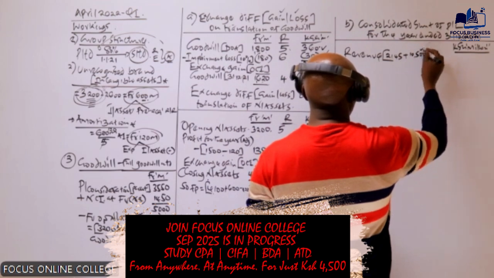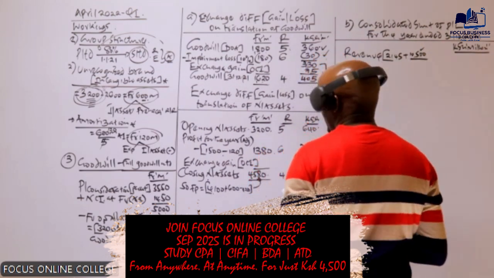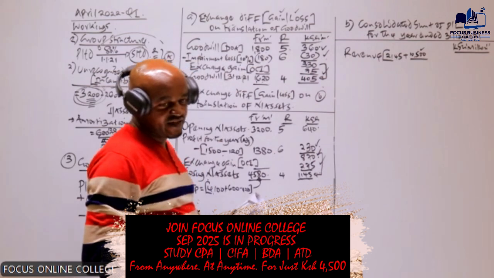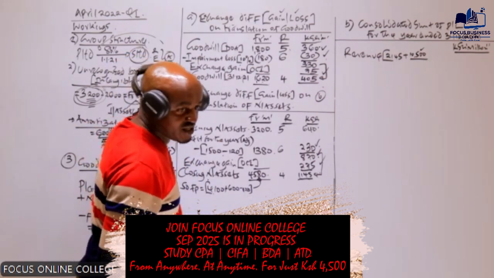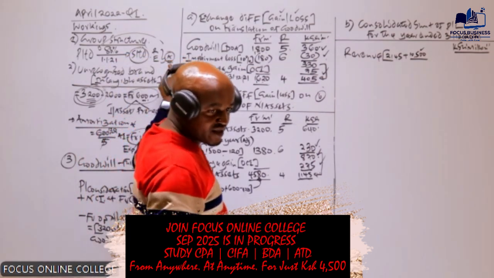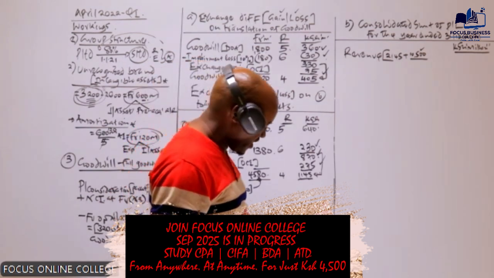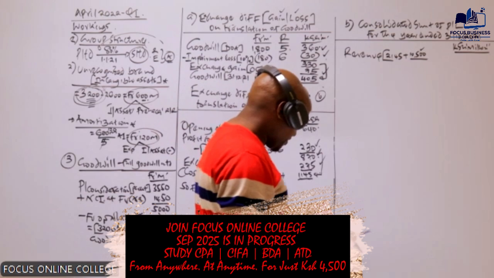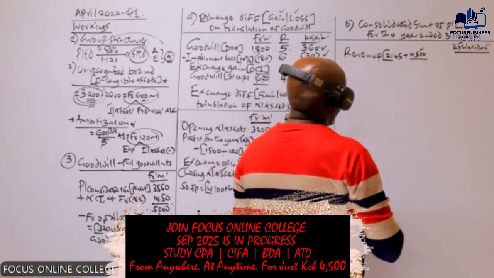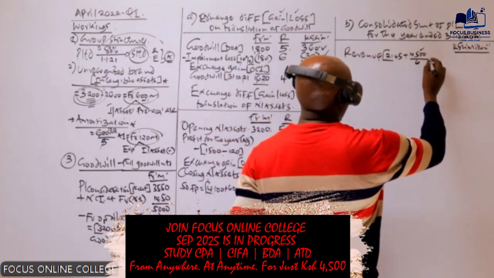But because this one is in francs, we need to translate that into Kenyan shillings by dividing with the average exchange rate. As per the information in note number 5, the average exchange rate is 6.